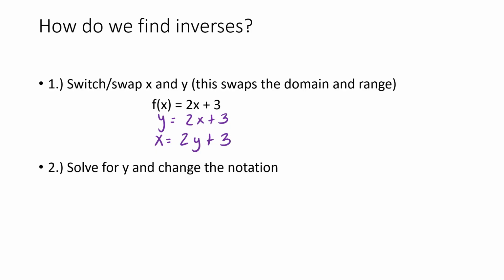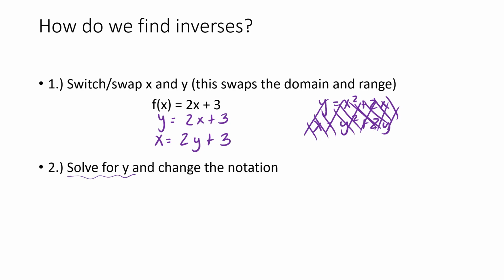But so if you had something like this, okay, we don't really want to go here, but x squared plus 2x, when you switch them, it would be y squared plus 2y. Okay, and we don't even want to go there in terms of solving it, but just to make the point there. All right, now once you've got them switched, now you're going to solve for y.